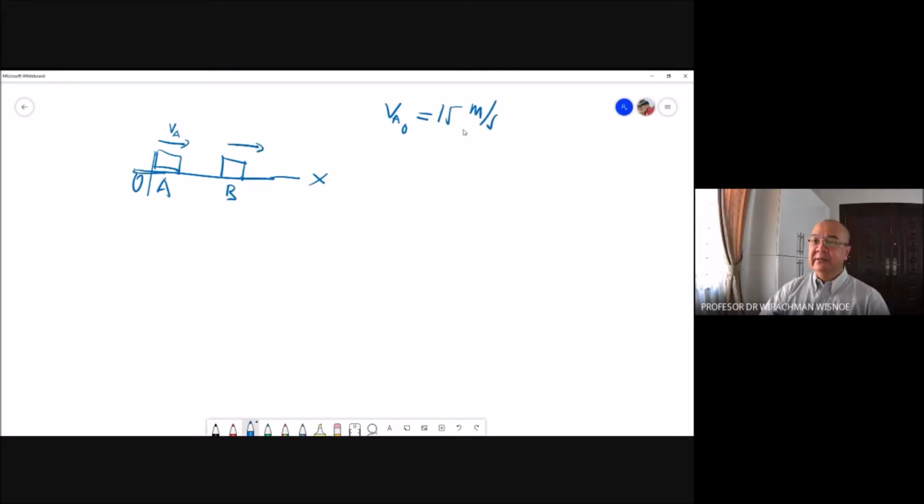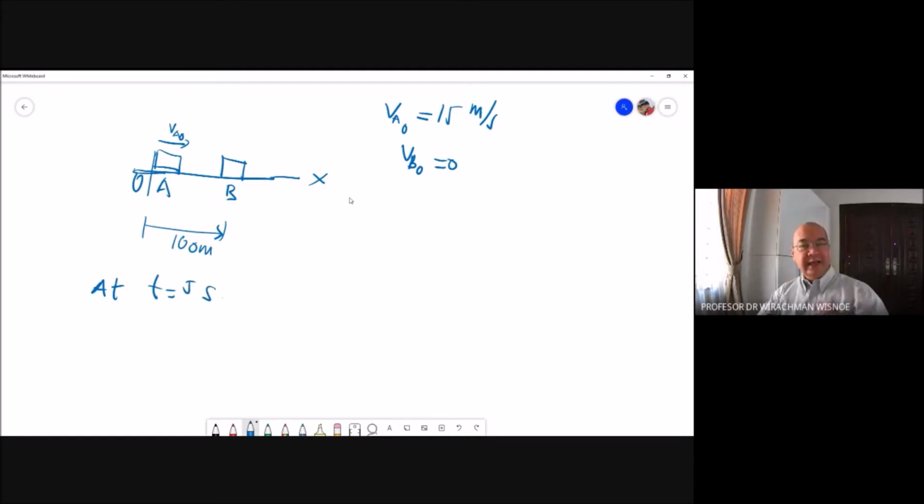The velocity VB naught is 0. It means no velocity there. The distance here is 100 initially, at t equals 0.